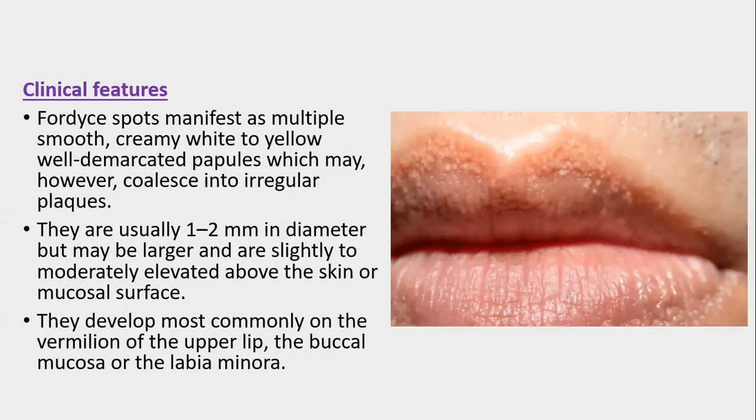Size is 1 to 2 millimeters or larger, and it is slightly or moderately elevated above the skin on the mucosal surfaces. They develop most commonly on the vermilion of the upper lip, the buccal mucosa, or labia minora.